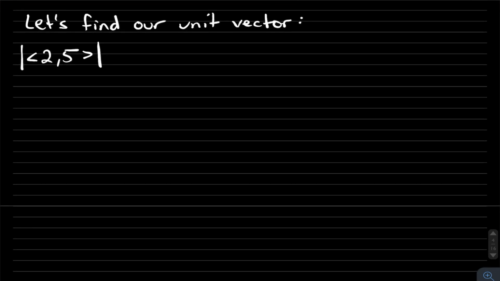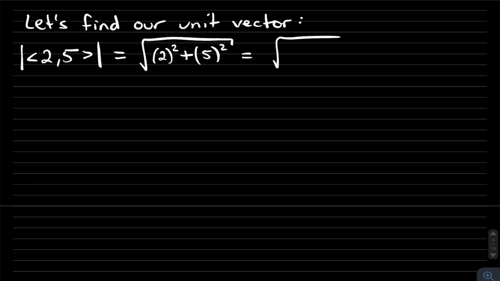How do we take the magnitude of a vector? Well, we do the square root of the sum of the squares. And that will give us the square root of 4 plus 25, which is the square root of 29.